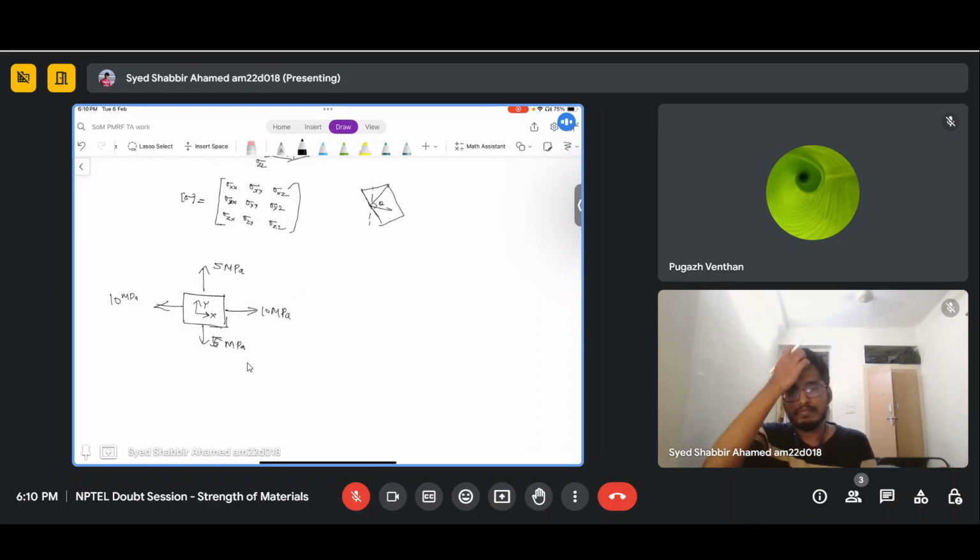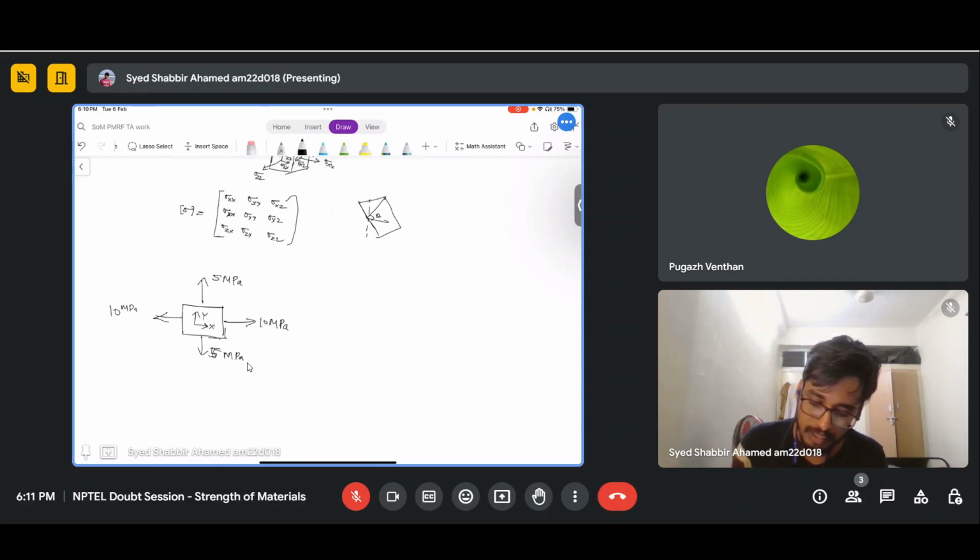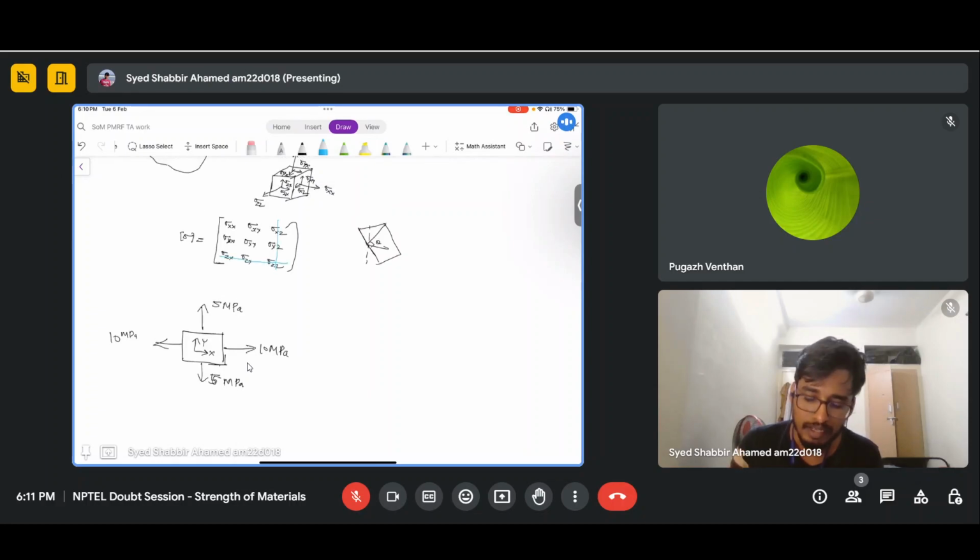In this problem, this row and this column will not be there, because this is a 2D case, and simply there is no z direction here. So all the components which have z can simply be eliminated.